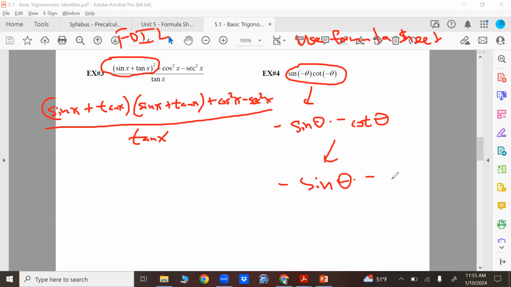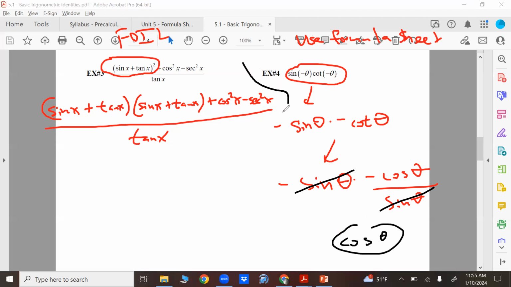Talk to each other, help each other out. Actually, the first one, example 2, should come out very nicely if you do it correctly.